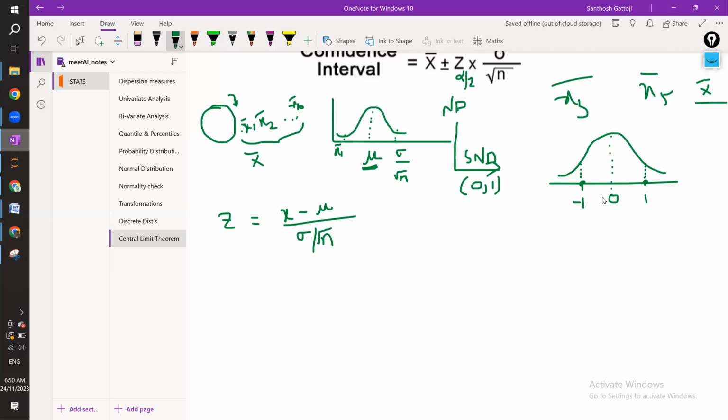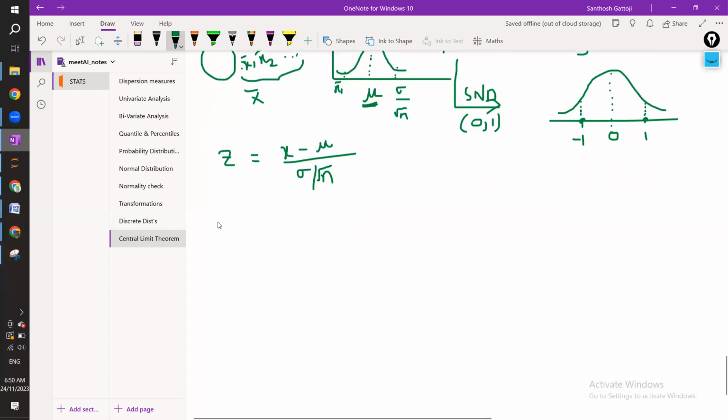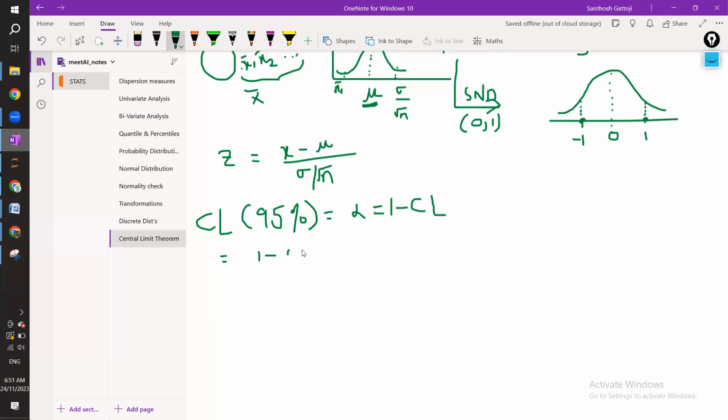Next, what we need to calculate is, when you say a confidence level of 95%, it means alpha equals 1 minus CL, the confidence level. That means 1 minus 0.95, which will be equal to 0.05.